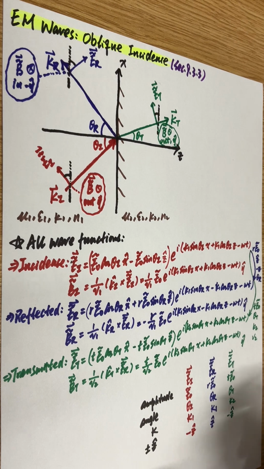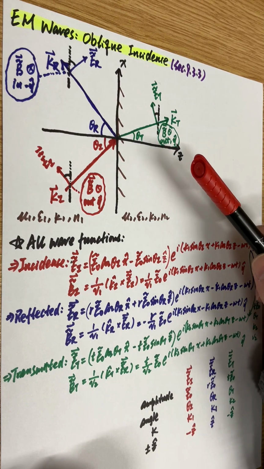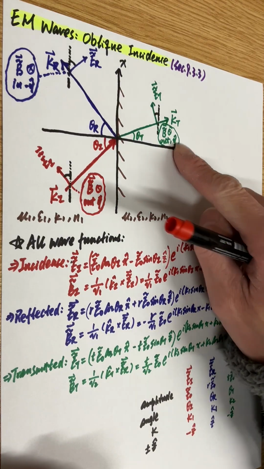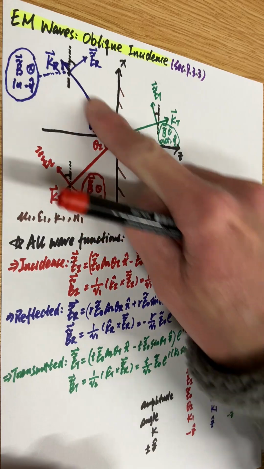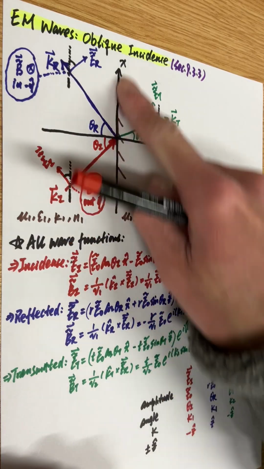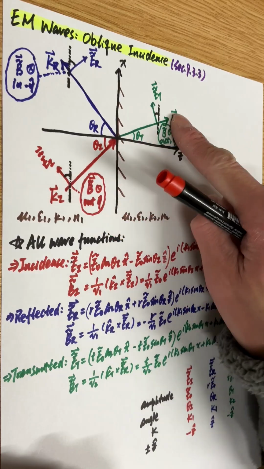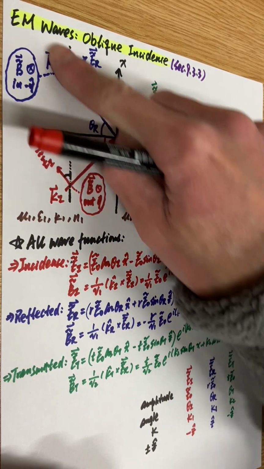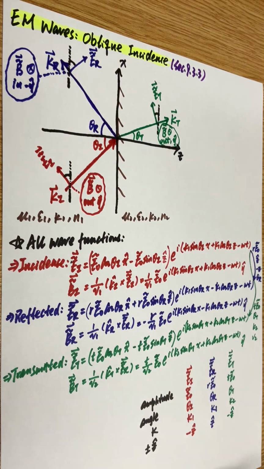And finally, we have the sign for the propagation direction, actually just for the z component, because all the wave vectors have the same positive sign for the x direction. The incident and transmitted waves have the same positive sign for the z direction. The reflected wave would have a negative sign for the z direction.